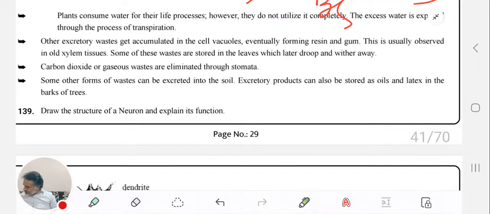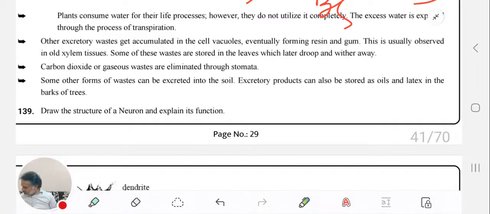Some of these wastes are stored in the leaves, which later droop and wither away. Carbon dioxide or gaseous waste are eliminated through stomata. Some other forms of waste can be excreted into the soil. Excretory products can also be stored as oils and latex in the barks of trees.